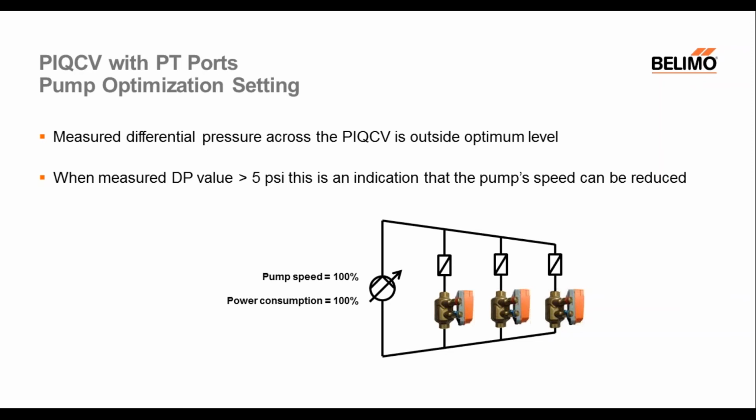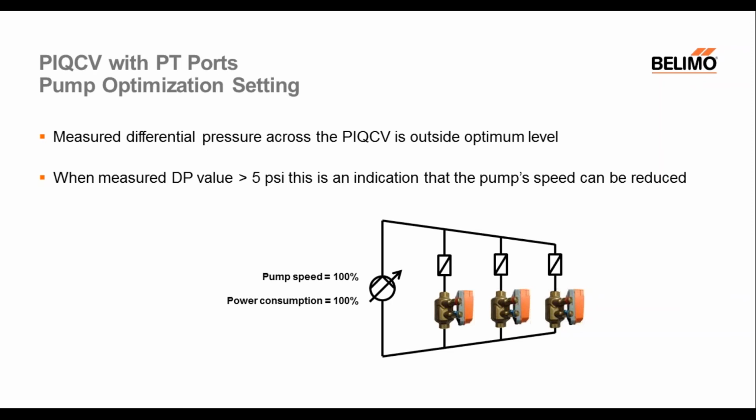When we're measuring delta P, the measured differential pressure across the PIQCV, if it's outside the optimum level, and I'm saying optimum level meaning greater than 5 psi, when measuring a differential pressure that is greater than 5 psi, this is an indication that the pump speed can be reduced. And if we look at this diagram here, you can see that the pump speed is at 100%. Your power consumption is at 100%.